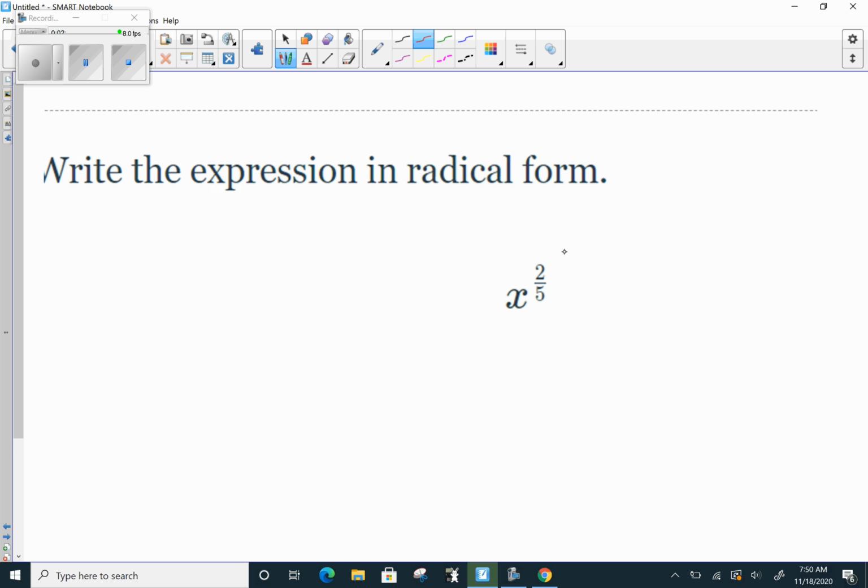Before we do another one, I'm going to go backwards. x is our base, so I write my base. I know at some point there is going to be a radical, so I put my little radical symbol. Then I remember that the 2 is my exponent, so I could put it here or over here. We'll talk about that in a second.